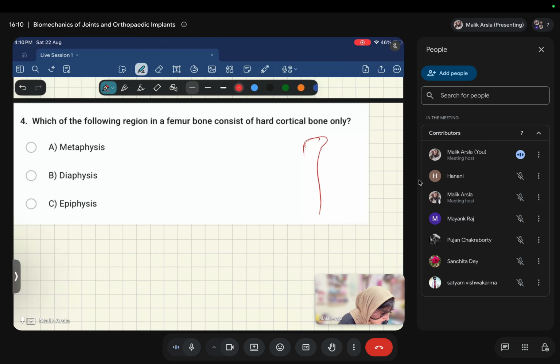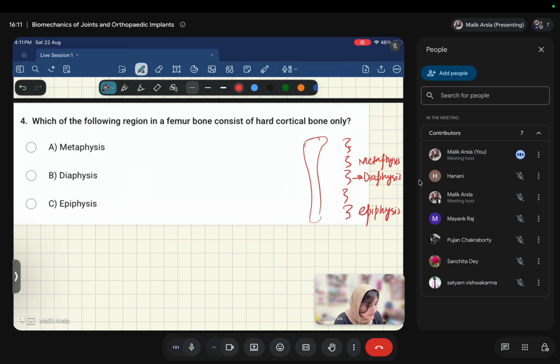I don't have a very good drawing. So these end parts are known as epiphysis, right? Then the transition region, this portion, is known as metaphysis, and this middle portion, which is the strongest part of the femur, is known as diaphysis.